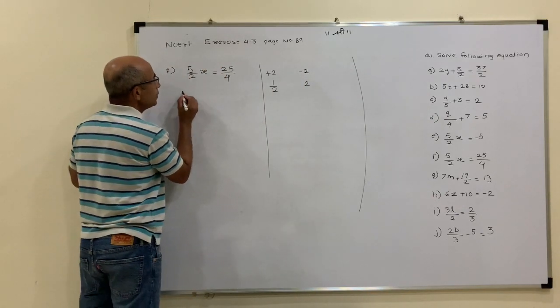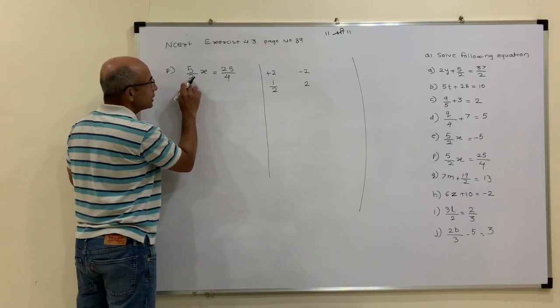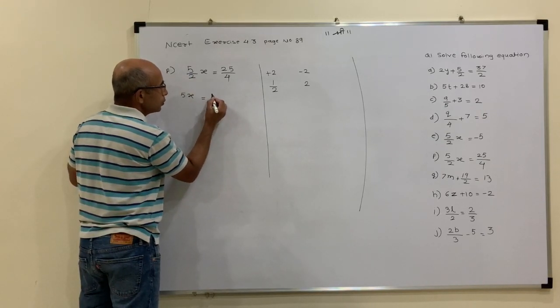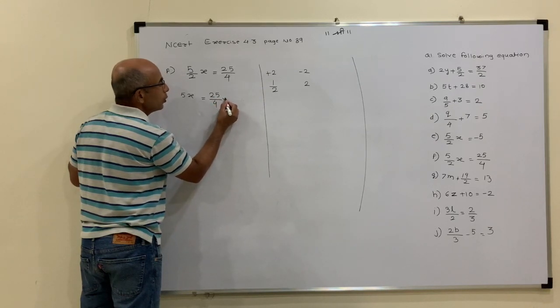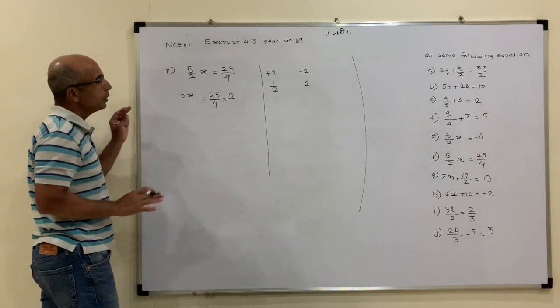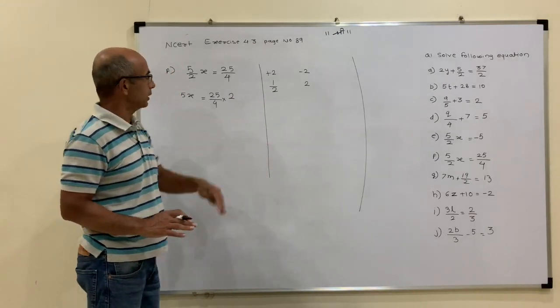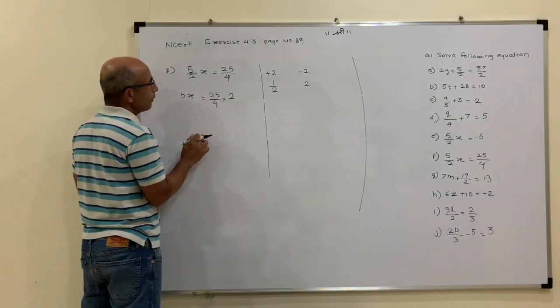So here, if you say 5x, now I am transposing this divided by 2, equals 25 divided by 4 into 2. I am not going to solve this right this moment, so you will understand what reciprocal is.